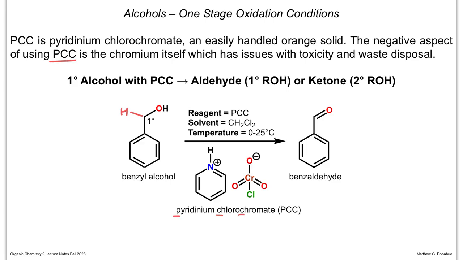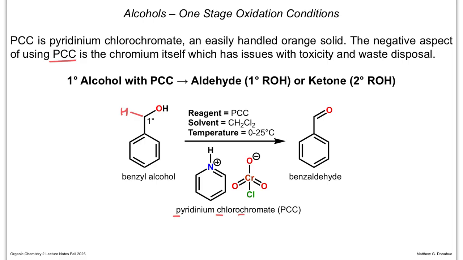So that is what has spurred on these other sets of conditions that we're going to see, things that are less negatively impactful. But I do want to emphasize, again, these are one stage. We're going to see another chromium reagent that's going to do a two-stage oxidation.